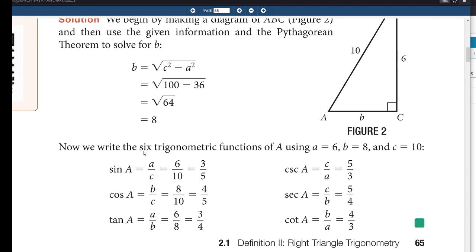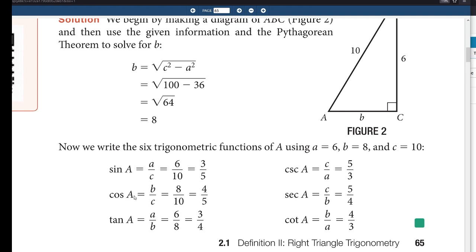And they say find the 6 trigonometric functions of a, specifically the angle a. So we're putting our theta here at this angle. So the opposite is 6, and the hypotenuse is 10. So the sine is 6/10, but of course we simplify that down to 3/5.